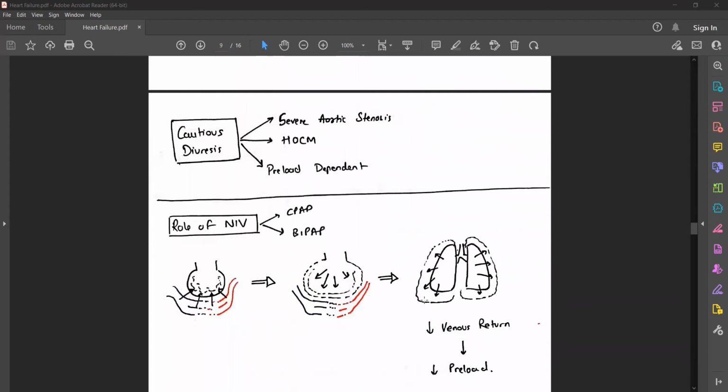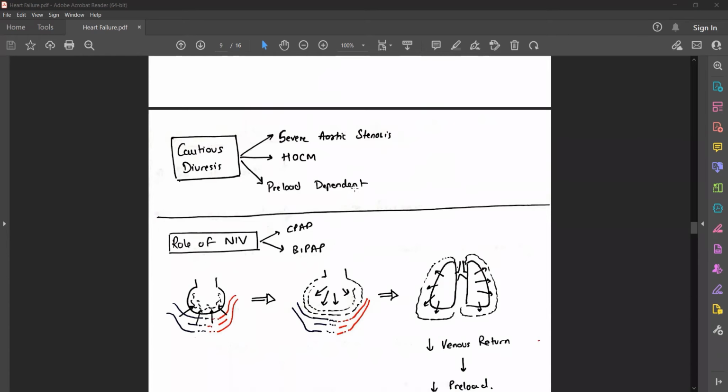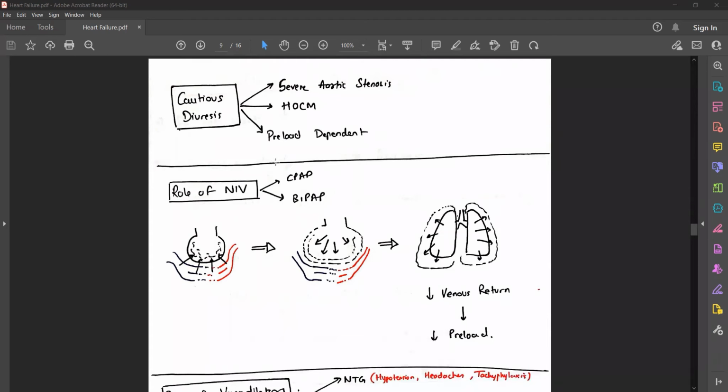Some of the places where you have to be very careful about diuresing are patients who are preload dependent. If the patient has severe aortic stenosis or hypertrophic obstructive cardiomyopathy, and they come in with acute exacerbation of heart failure, you cannot diurese them like in other causes of heart failure, because if you suddenly drop their preload, you're going to cause more harm.